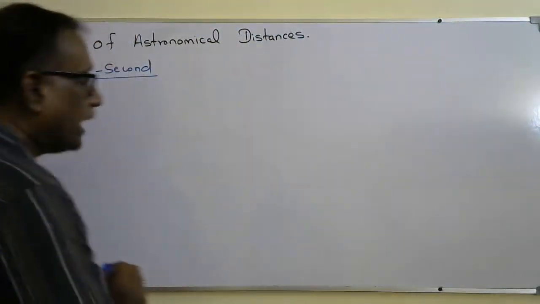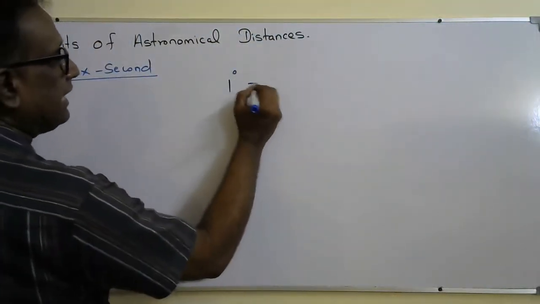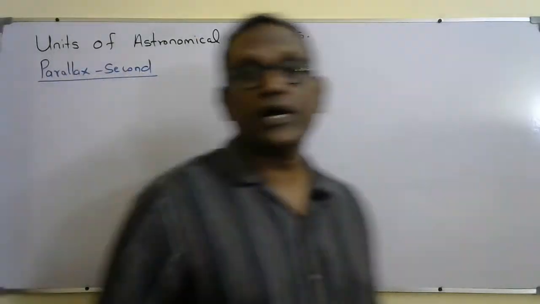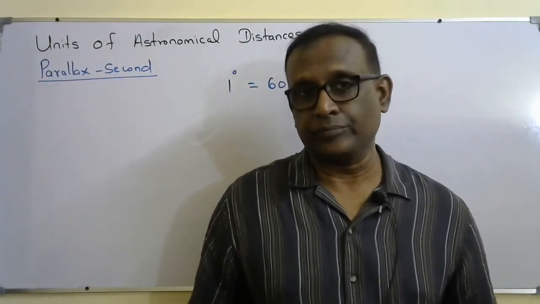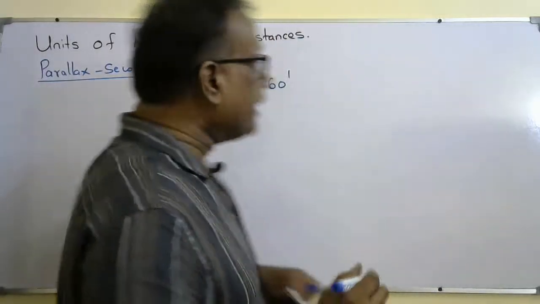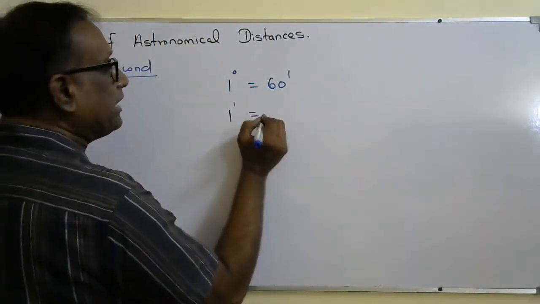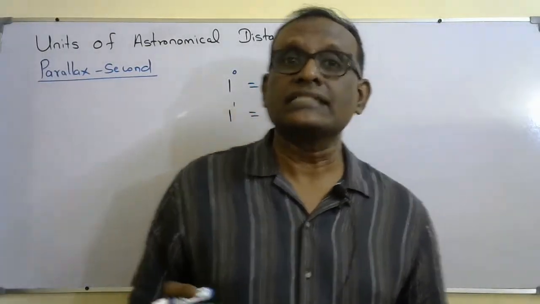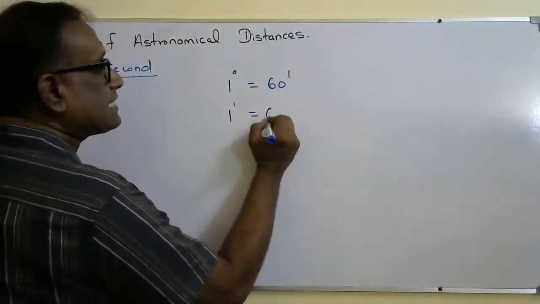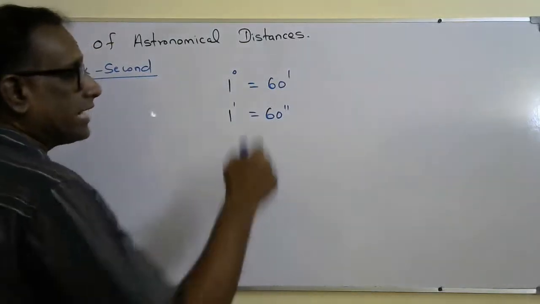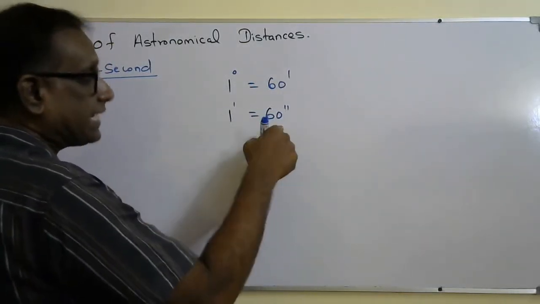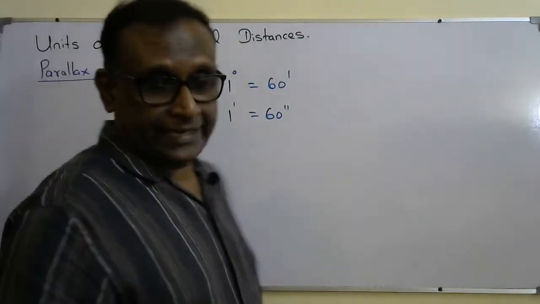So 1 degree is equal to 60 minutes, and 1 minute means 1 over 60 degree. In the same way, 1 minute is divided into 60 equal divisions, and each division is called a second. So that is 60 seconds, and 1 second is equal to 1 over 60 minutes.